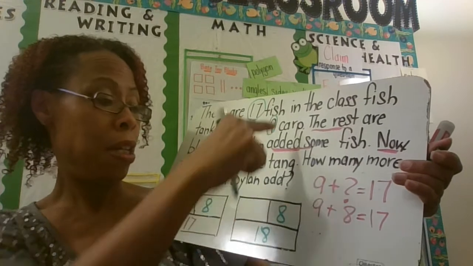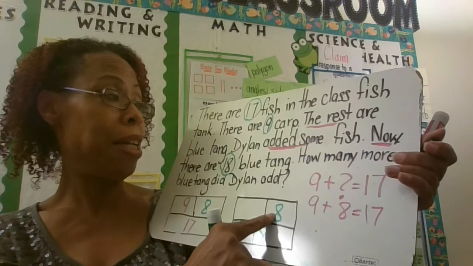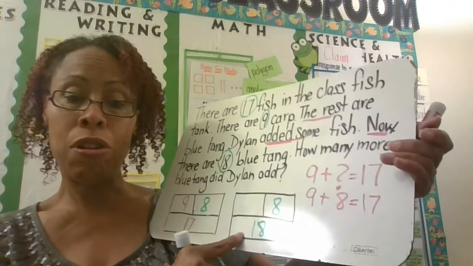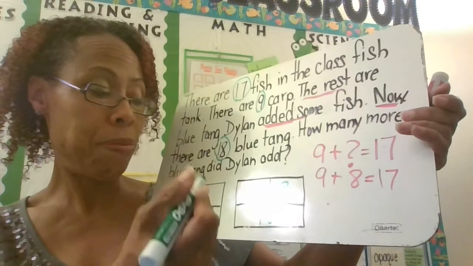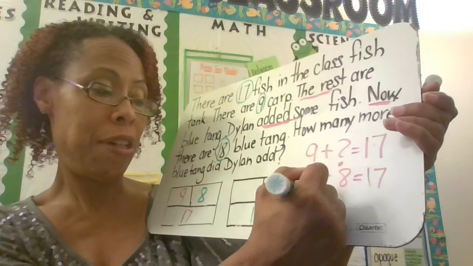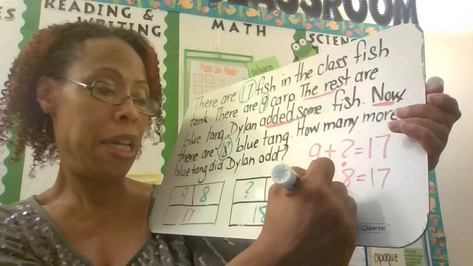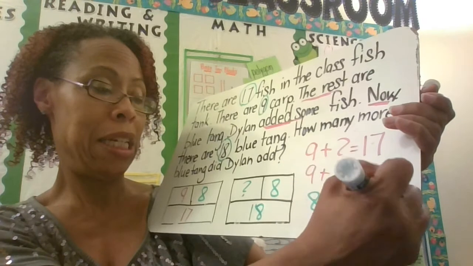So originally there were 8, even though we didn't know the number at first. There were 8 tang, and then there were a total of 18 blue tang. Now that he's added them, let's look at this equation, because right now we have an unknown. So 8 plus what equals 18?